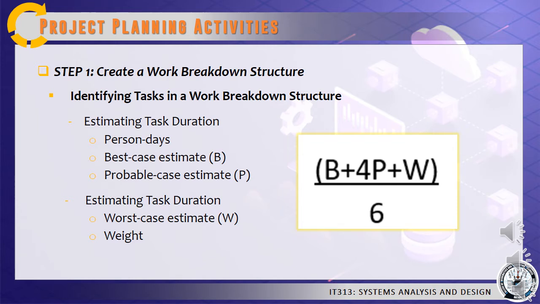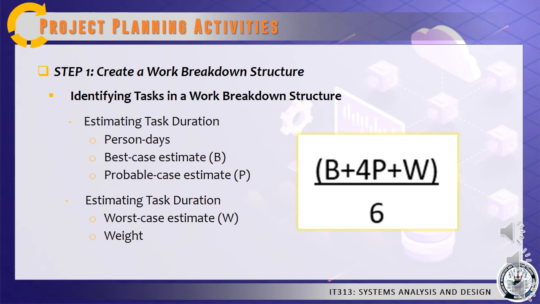For example, a project manager might estimate that the file conversion task could be completed in as few as 20 days or could take as many as 34 days, but most likely will require 24 days. Using the formula, the expected task duration is 25 days.